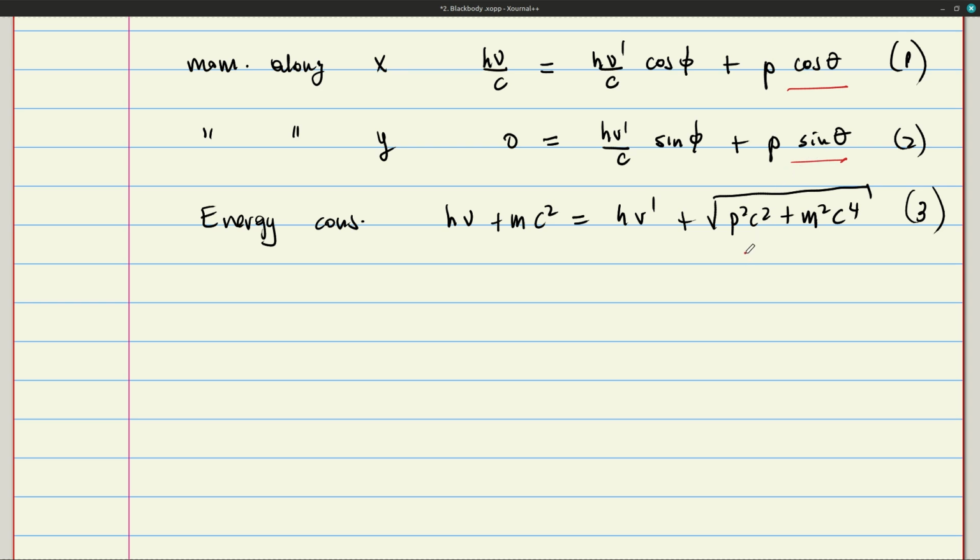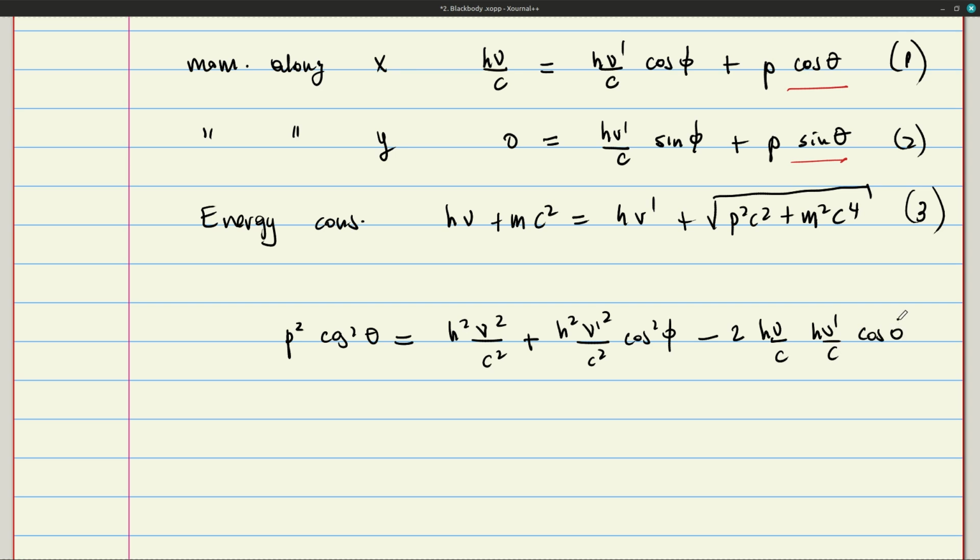So let's first do that. p square cosine square theta is equal to h square nu square over c square plus h square nu prime square over c square cosine square phi minus 2 times h nu over c, h nu prime over c, cosine phi.